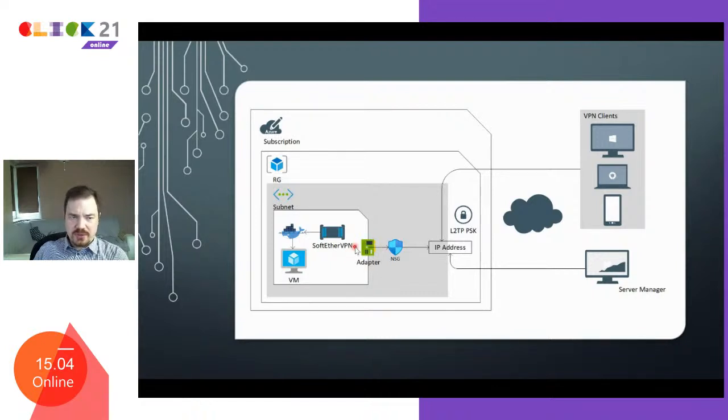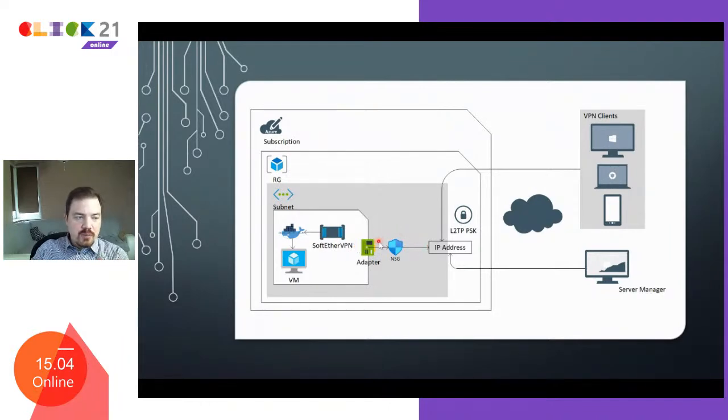Also, we're going to attach a disk to this virtual machine. When you create a virtual machine, it's not enough to create just a machine. You have to create a machine, a disk, and a network adapter for that. You have to put it in a subnet.